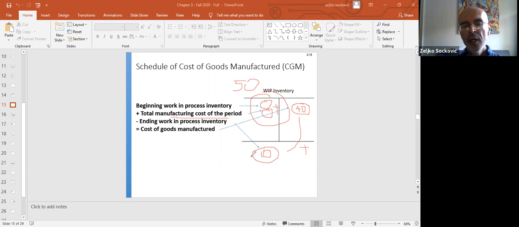So now, if out of these 10, $2 are whatever materials you said, how do you know how much labor you put in and how much applied overhead you put in?